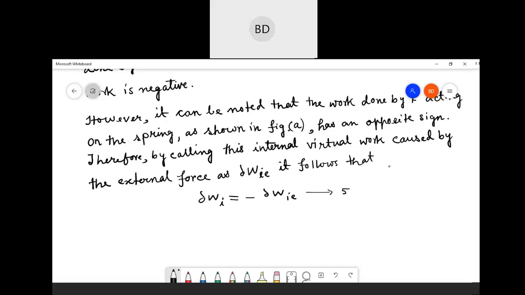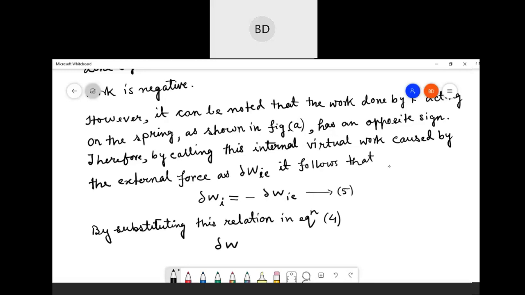Put it as equation number 5. By substituting this relation in equation number 4, what we get is del WE is equal to del WI. Equation number 6.